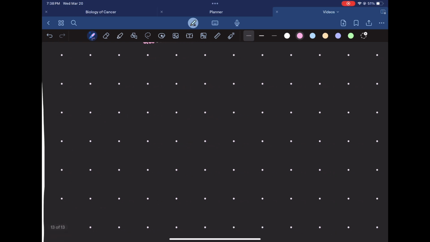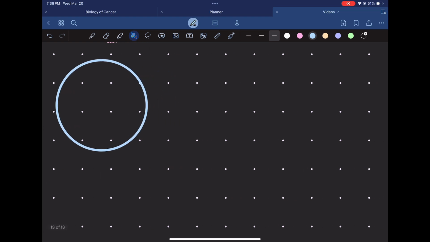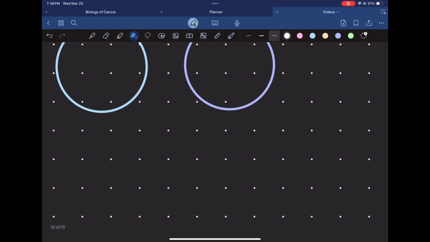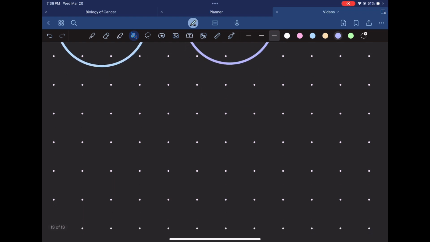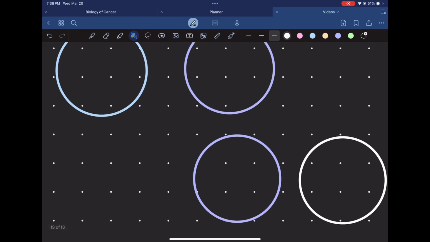So the process for a CD8 plus cell to interact is going to be a little bit more complicated than for an NK cell. So I'm going to draw kind of my three cells that are going to interact together here. Okay.